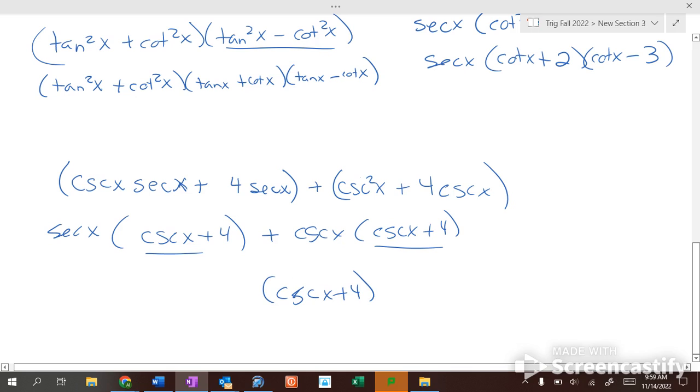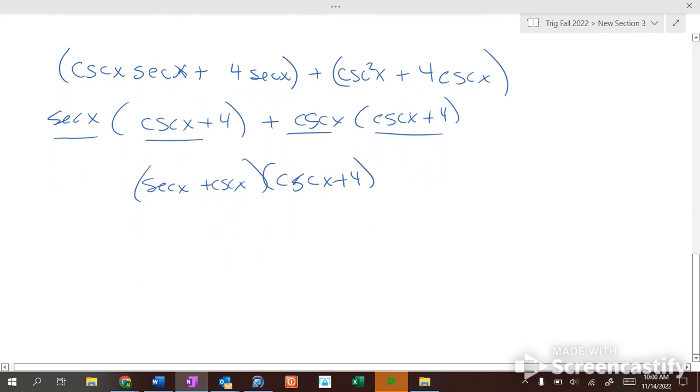You don't square it. And then whatever is out in front goes in its own set of parentheses. So secant of x plus cosecant of x times cosecant of x plus 4. If you had FOIL it out, you'd get those 4 terms up top. Okay? So that's the basics of what we're doing today.